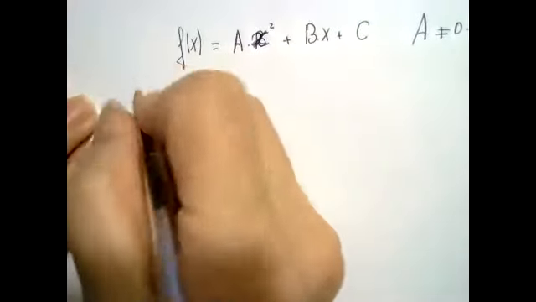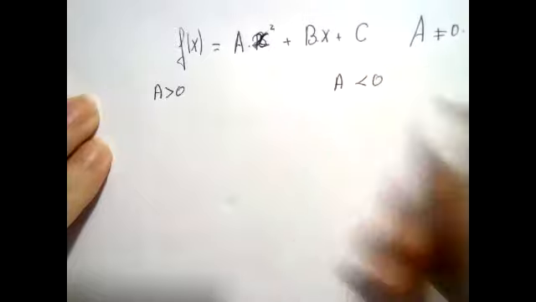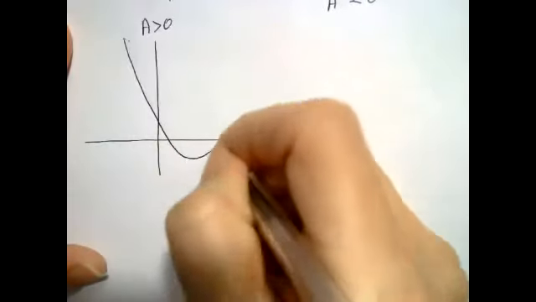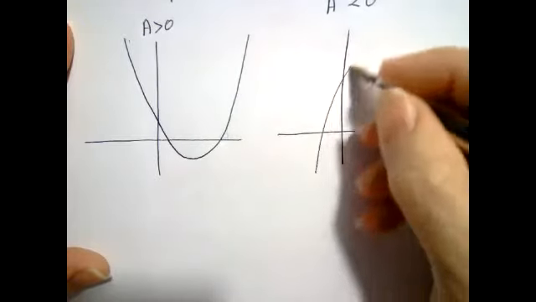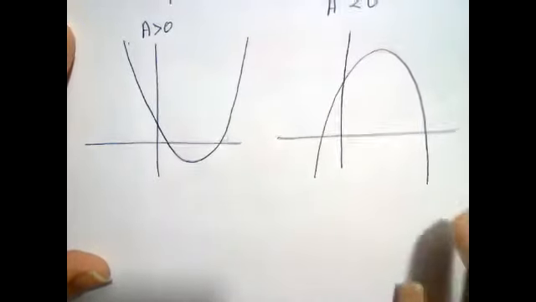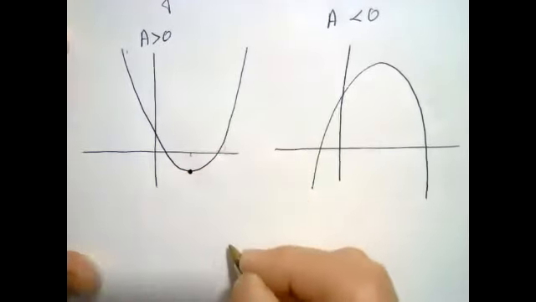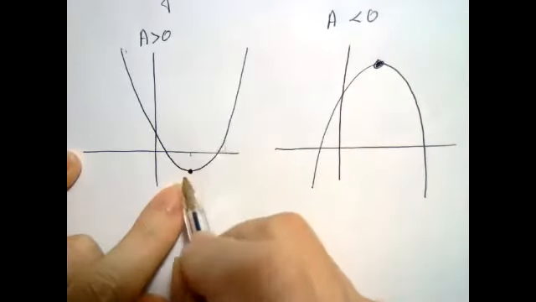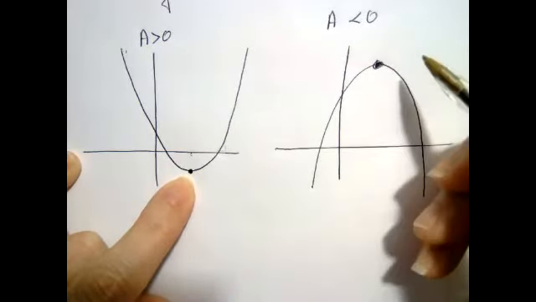And I said that if a is positive its graph is concave up, and a negative makes the graph concave down. And the important one is the vertex. The vertex is really where the function reaches its minimum value or its maximum value. So it's an important point.